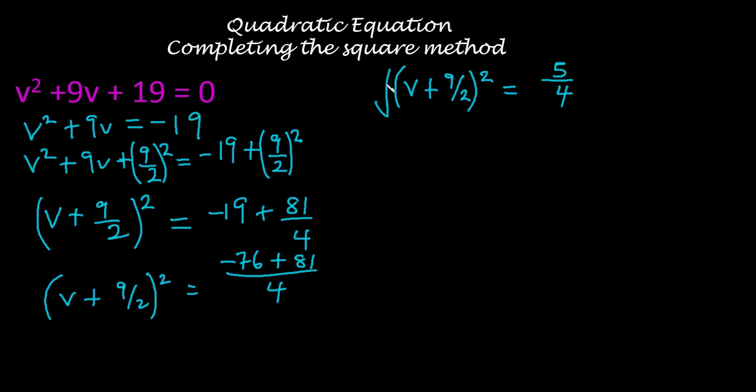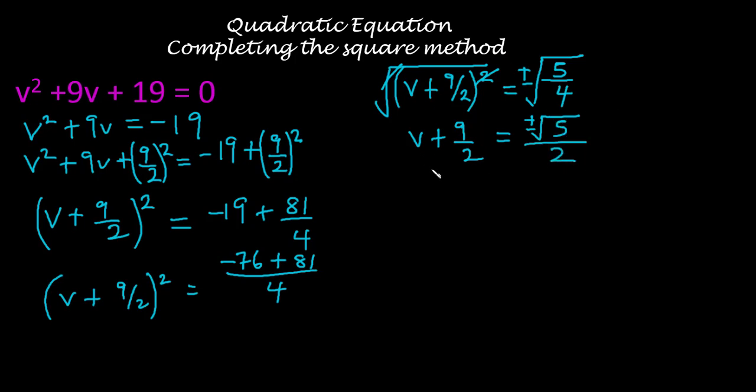So what you do is you find the square root of both sides. Now this square cancels the square root, so we have v plus 9 over 2 is equal to plus or minus, as I've explained earlier. The square root of 4 is what? 2. So we now have plus or minus root 5 over 2.